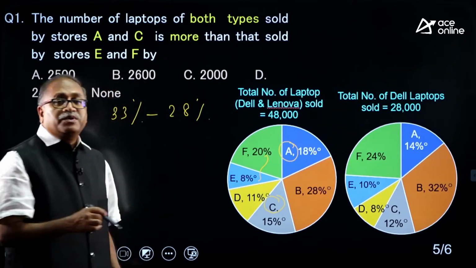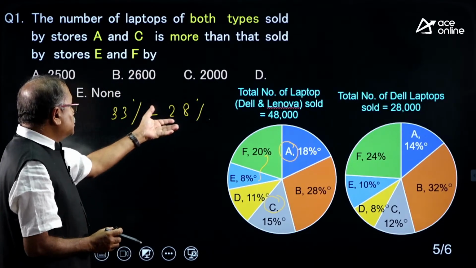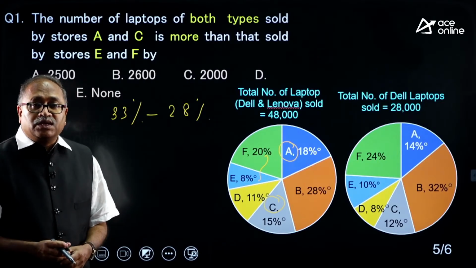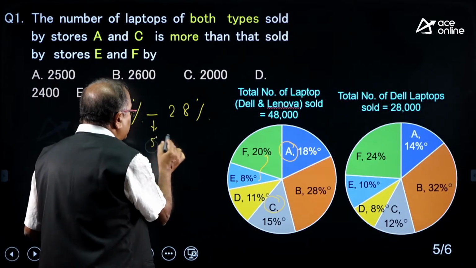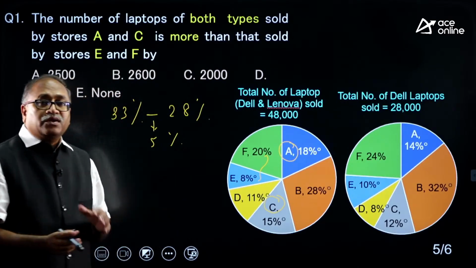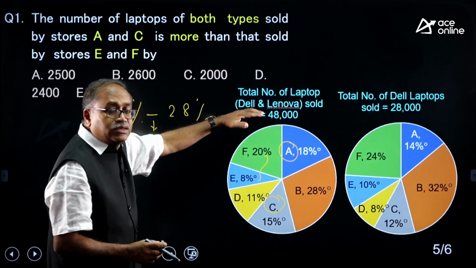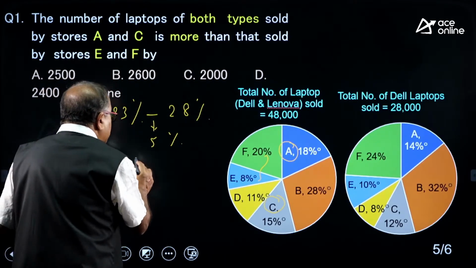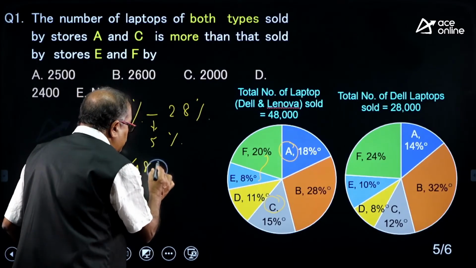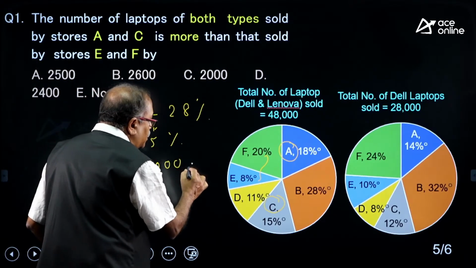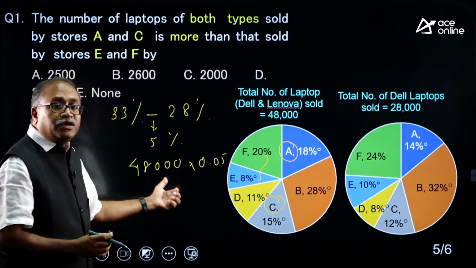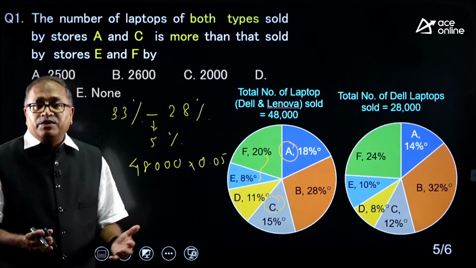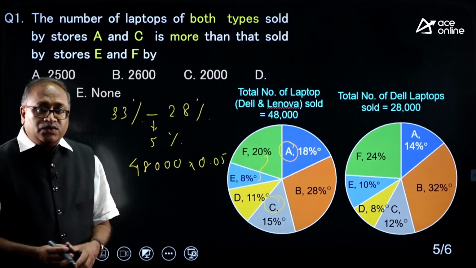Now, in number it is asked how much more. In terms of percentage, the first one is more than the second one by a difference of 5%. So, I need to find the 5% of the total sales, that is 48,000. I know 10% is 4,800, so what will be 5% of this? 2,400.